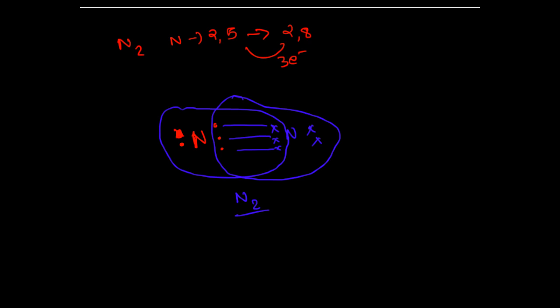Now what about hydrogen chloride, HCl? In HCl, covalent bonding occurs between a hydrogen atom and a chlorine atom. We know that hydrogen has 1 electron in its outermost orbit, and it needs just 1 electron to complete the octet state. So the sharing just occurs between 1 pair of electrons.